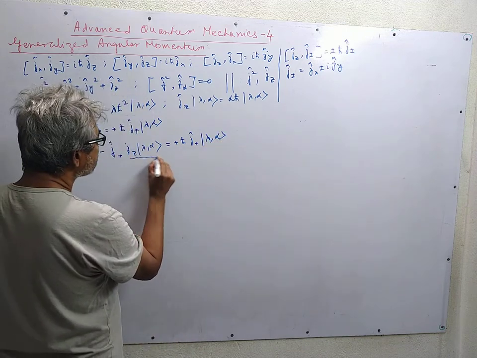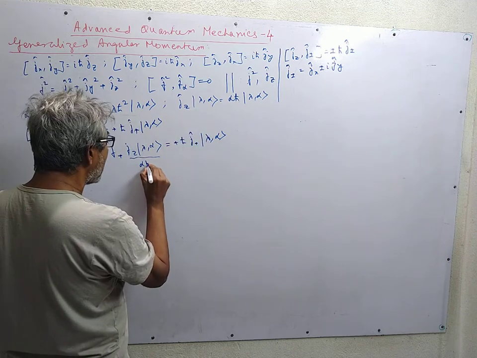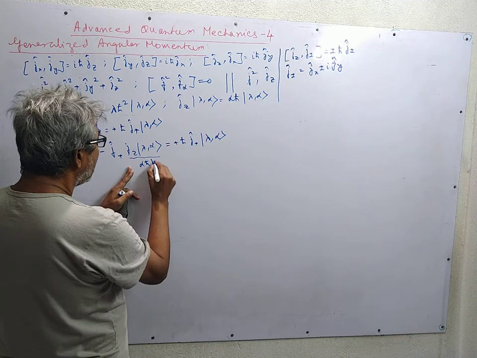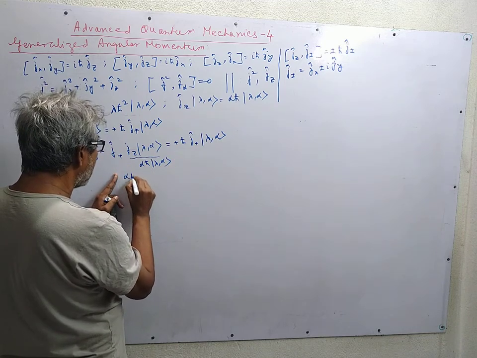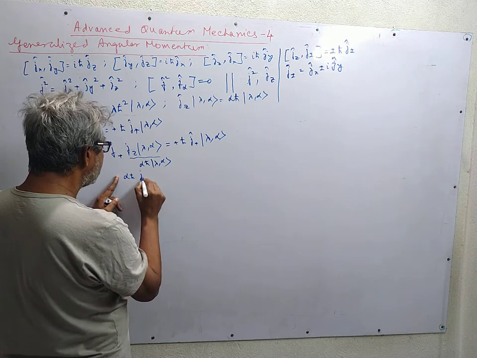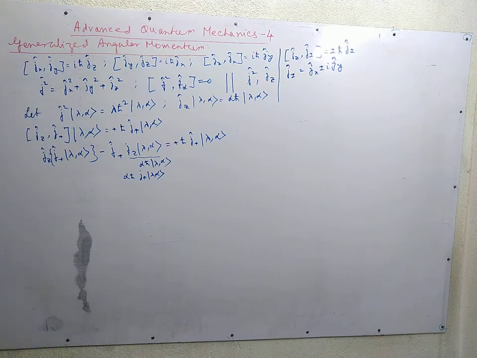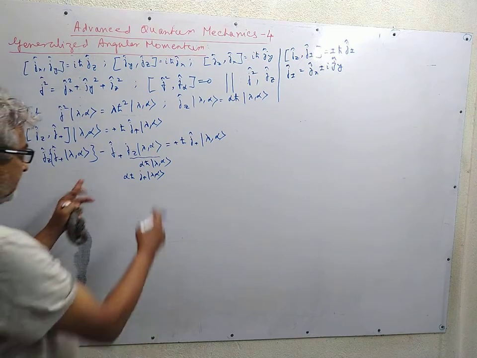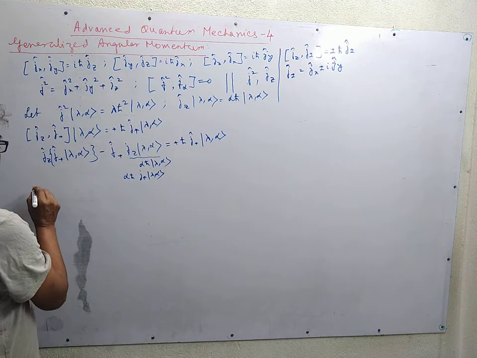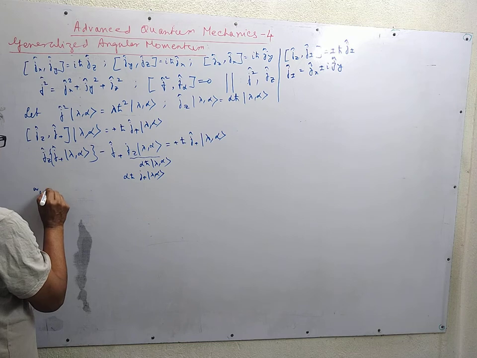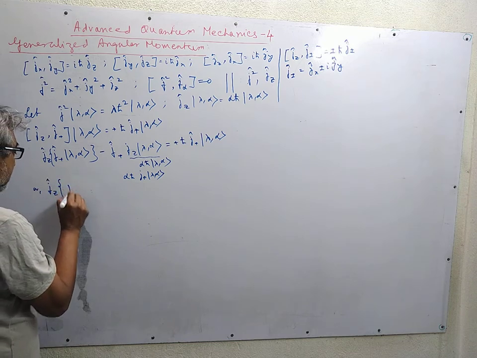This part, as per our definition, is αħ|λ α⟩, so this quantity altogether is αħ J+|λ α⟩.